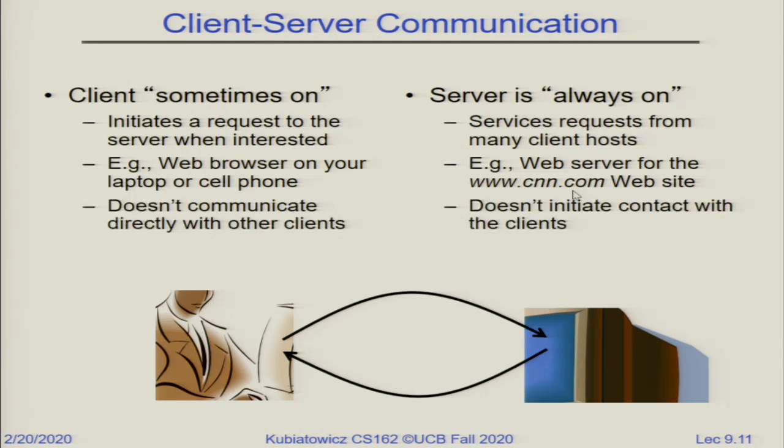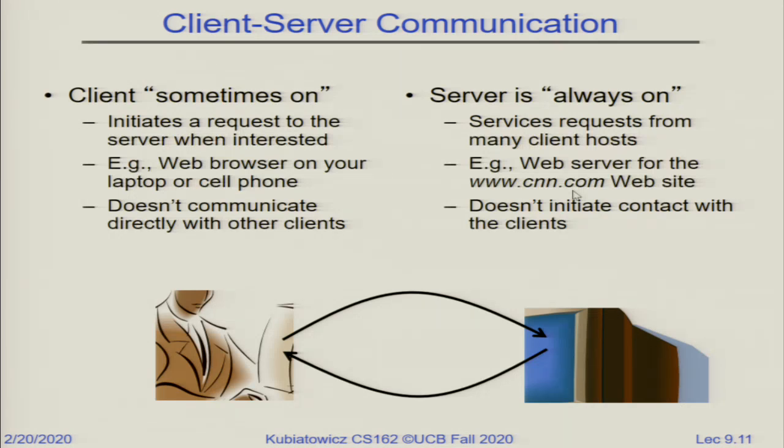The client generally, although when we start talking about peer-to-peer communication and some interesting things later in the term, this won't be true, but in general, the clients don't talk to each other. So your phone isn't actually ever talking to somebody else's phone. What happens when you text? Well, it goes to the server, and then the server pushes it to the other person. So you're not actually communicating from client to client.